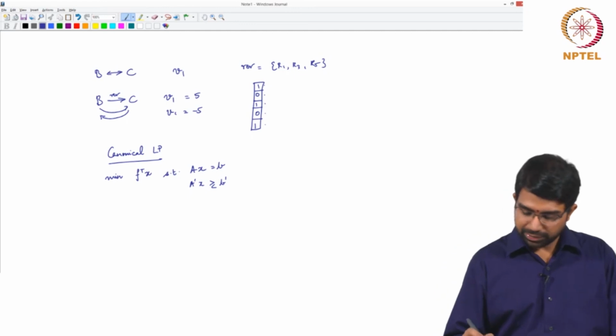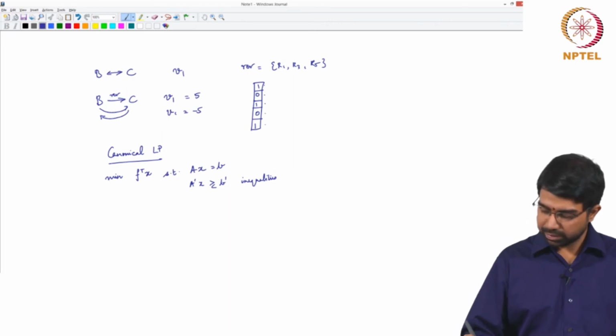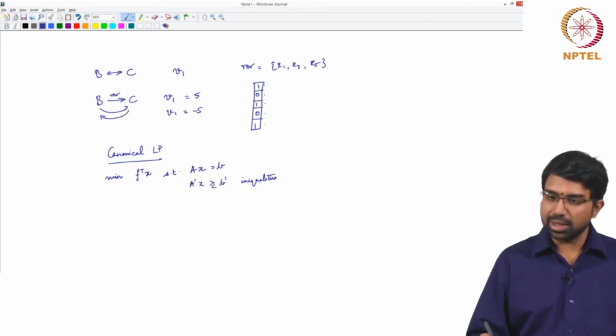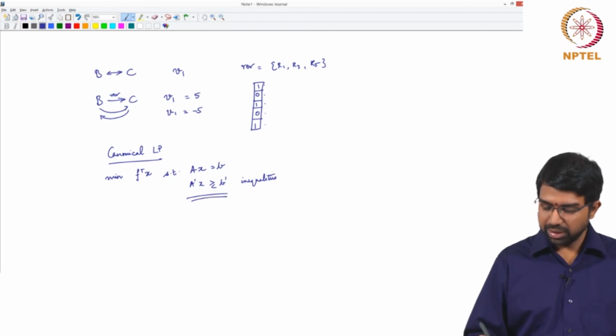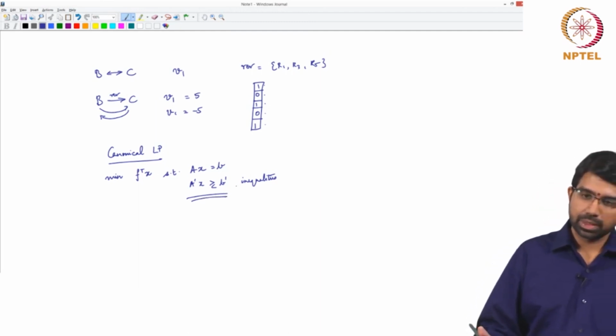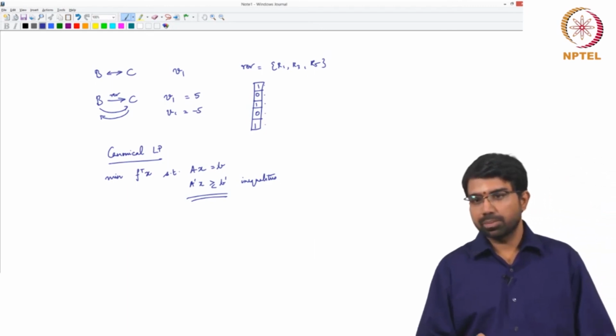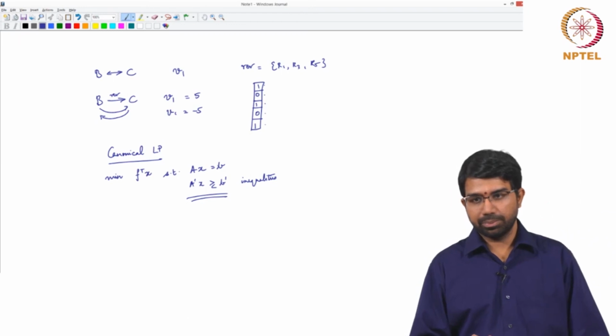You can even have inequalities, right. This is an equality constraint. You can have inequality constraints as well, right. This will be a proper linear program.